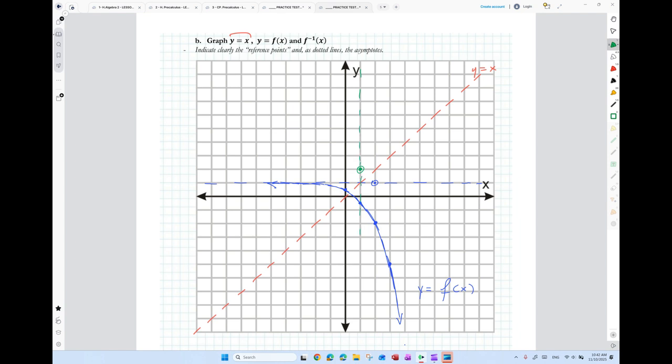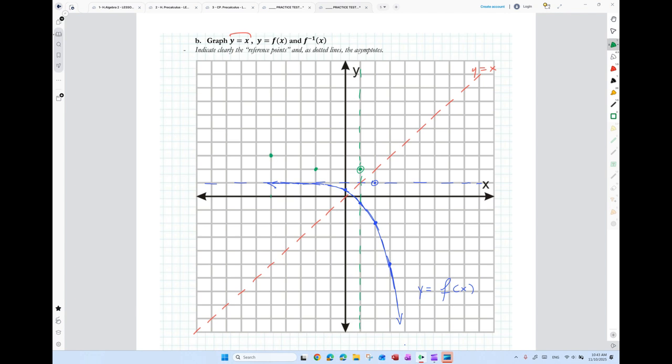So I will have a vertical asymptote, and the point 2, negative 2 is going to become negative 2, 2. The point 3, negative 5 is going to become negative 5, 3, right? 3, negative 5, negative 5, 3.